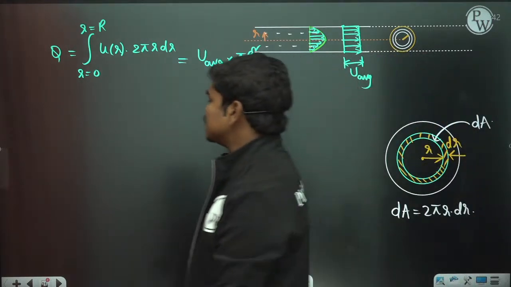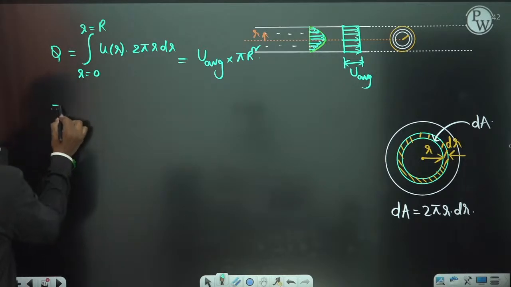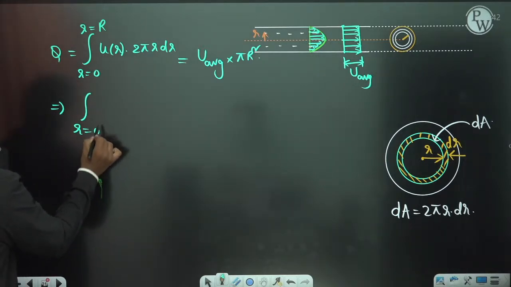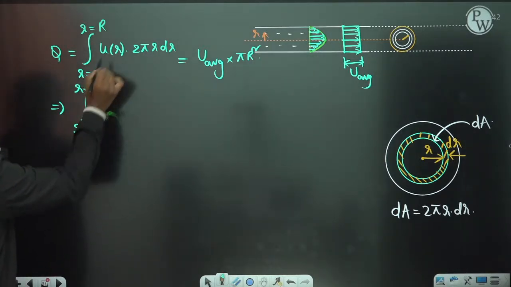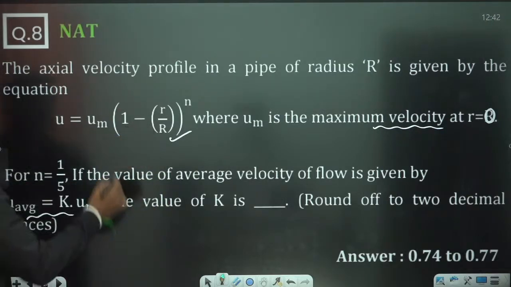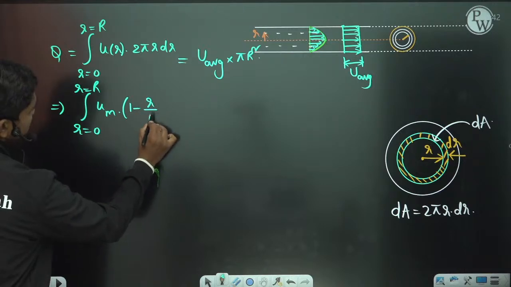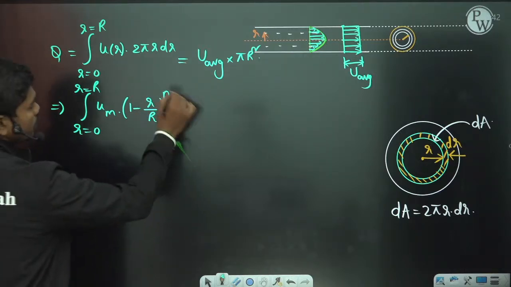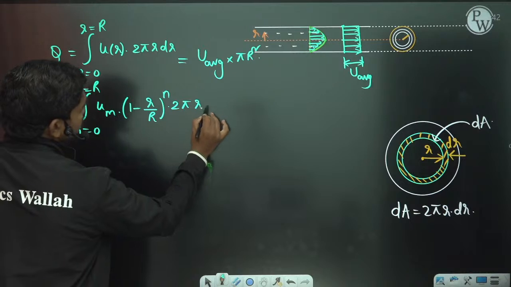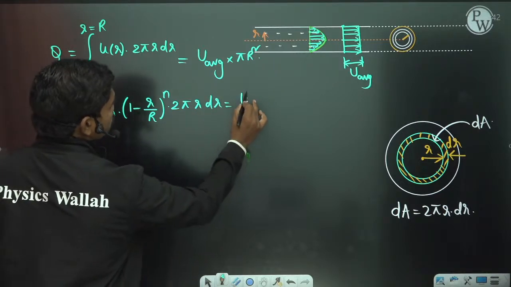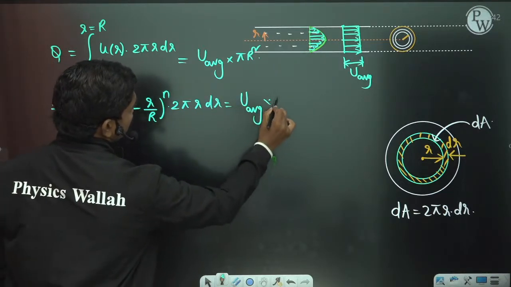Now, once you understand this concept, let us see. This relation is given. Integral from r equal to 0 to capital R. What is the velocity at any given radius? Um times (1 minus r by R) to the power n times 2 pi r dr. This value is equal to u average times pi R square.